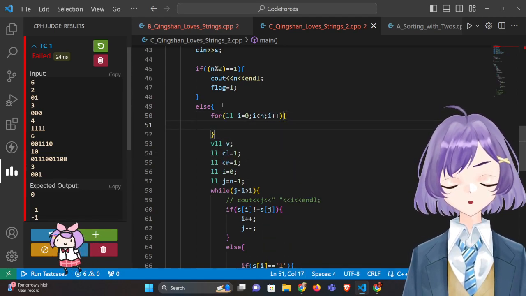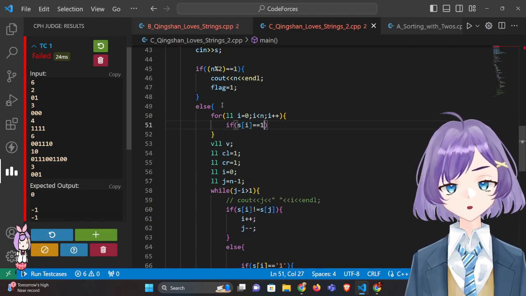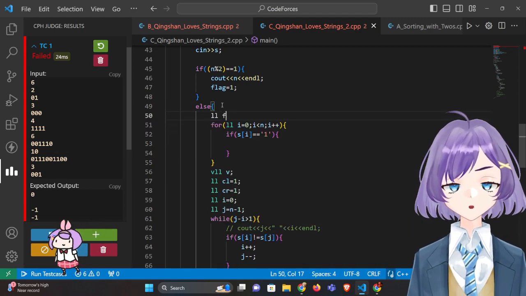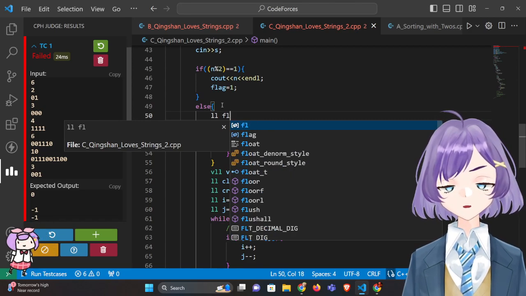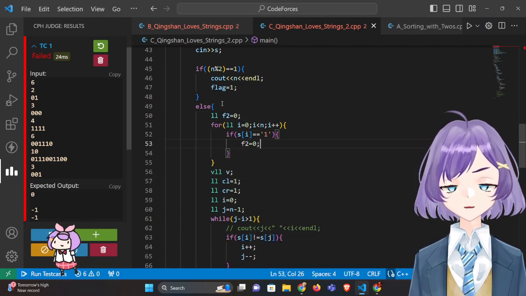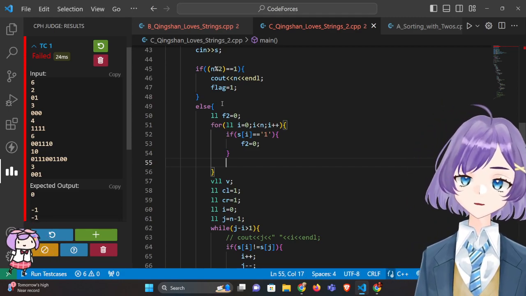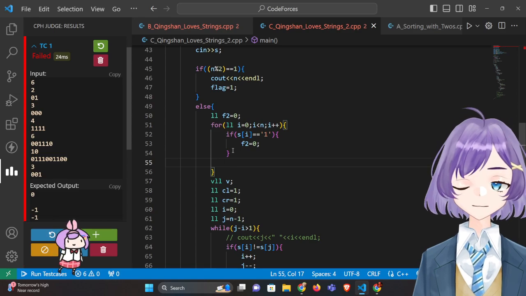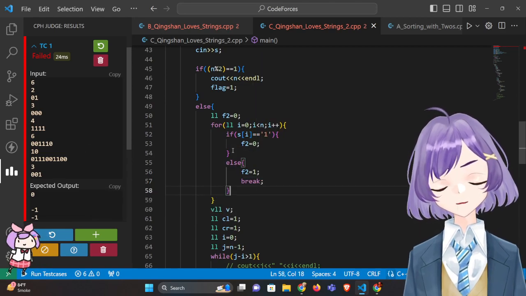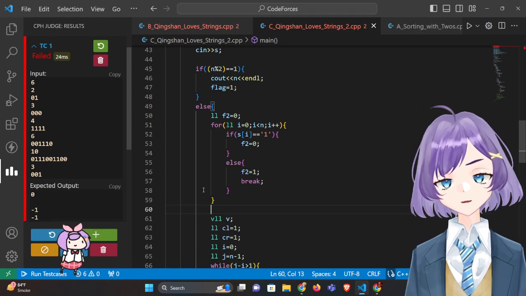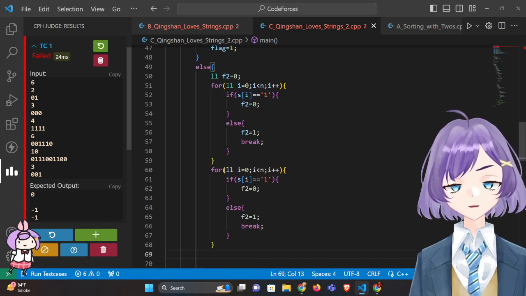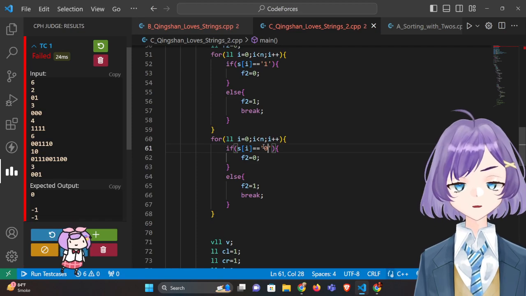I plus x of 5 equals to 1 and L flag equals 0 and f2 equals 1 break. 0.